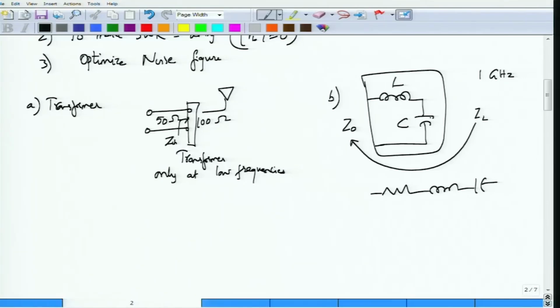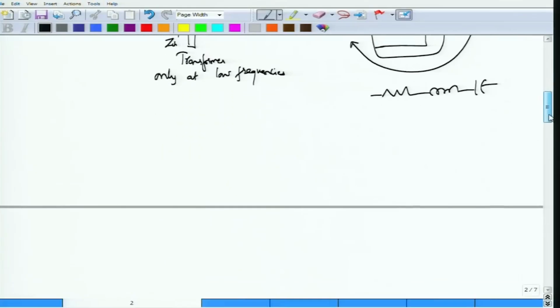Similarly, a capacitor would also look like an RC circuit. There is an L part in that capacitor, the inductor part in the leads of the capacitor, but that can usually be neglected. But the point here is that lumped element matching networks cannot be sustained at high frequencies, and if you are designing some microwave or radar applications or antenna applications at high frequencies, this is not the way to go for impedance matching.